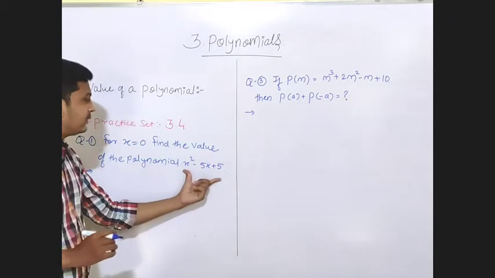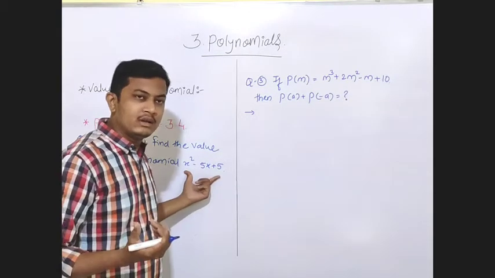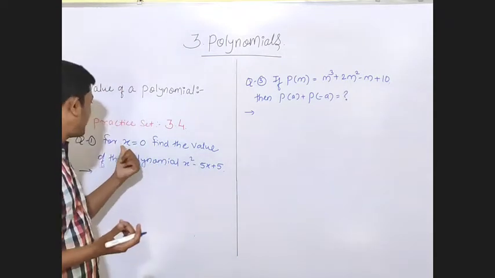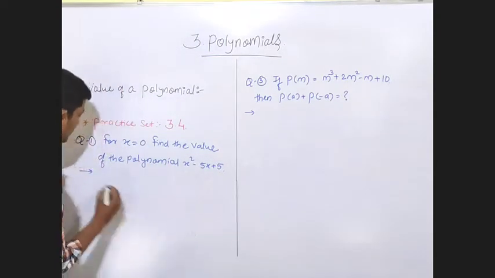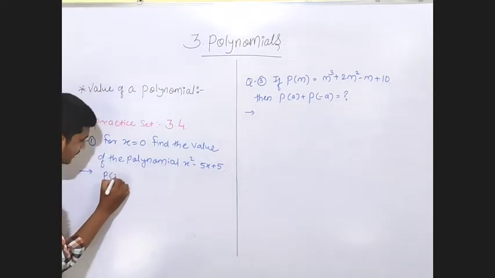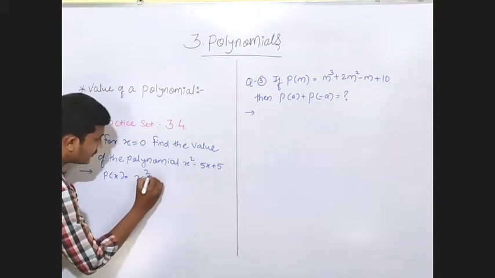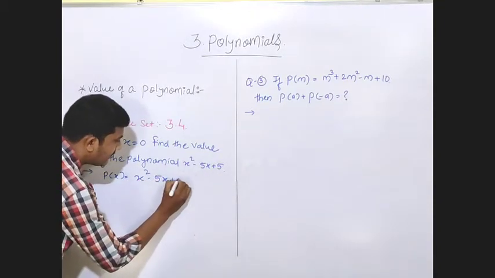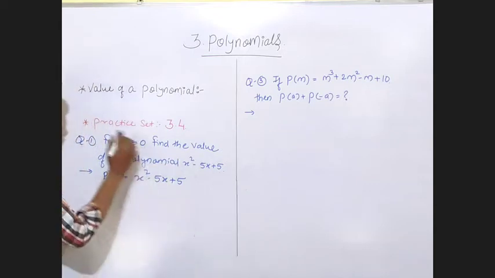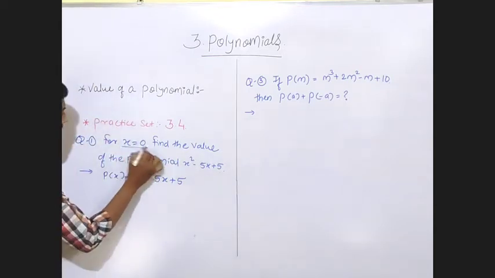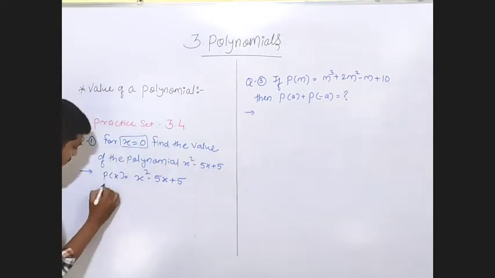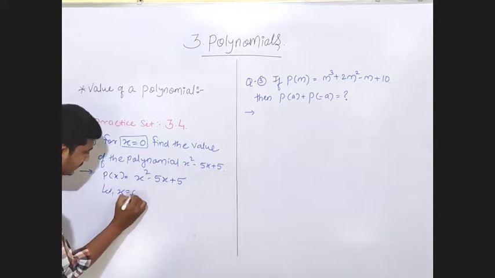The polynomial is given. We have to find the value of the polynomial by replacing x with 0. So given that p of x equal to x square minus 5x plus 5. So what we will do here is replace x equal to 0. So let x equal to 0.